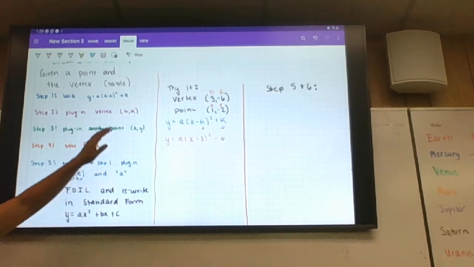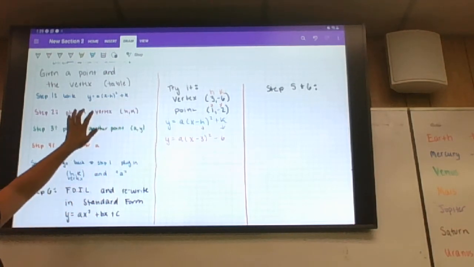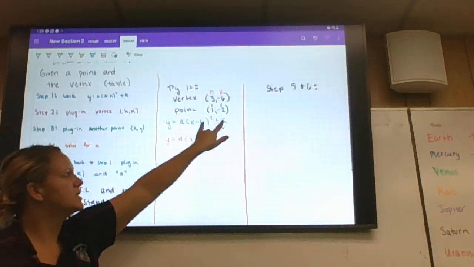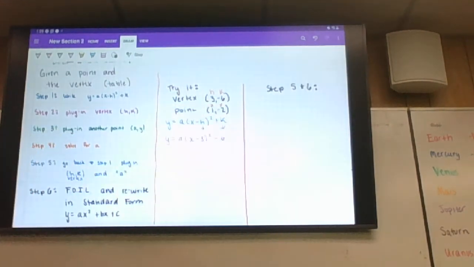So far in the try it, I wrote step 1 here. In step 2, I plugged in the H and the K from the vertex provided. Now I'm going to hit step 3, which is to plug in the X and the Y provided.